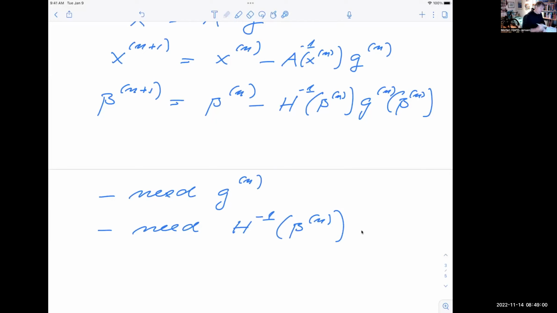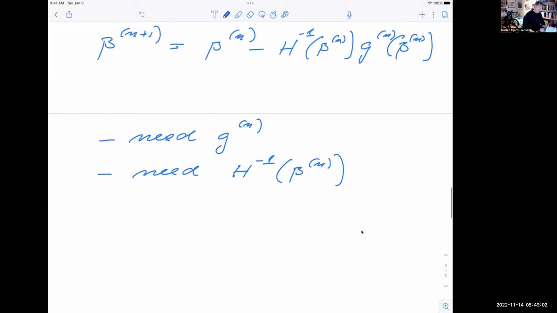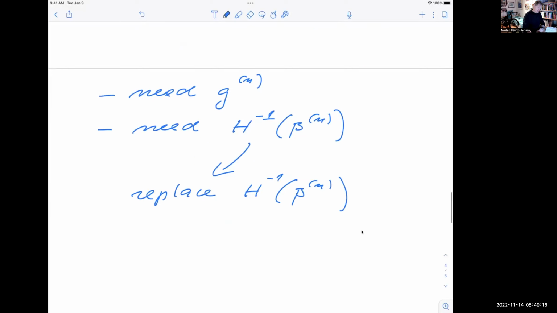And what is common to do then is actually to replace this quantity here, h minus 1 of beta of n, with a constant. And this constant introduces a new parameter in machine learning.